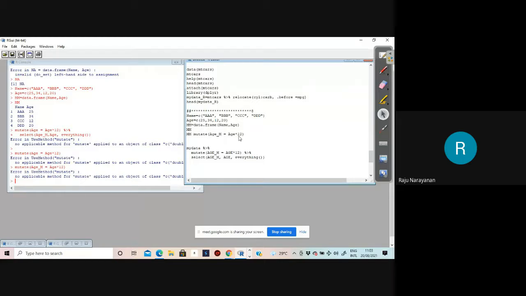MM percentage greater than percentage. Mutate age M is equal to age into 12. Okay, I think this should work.